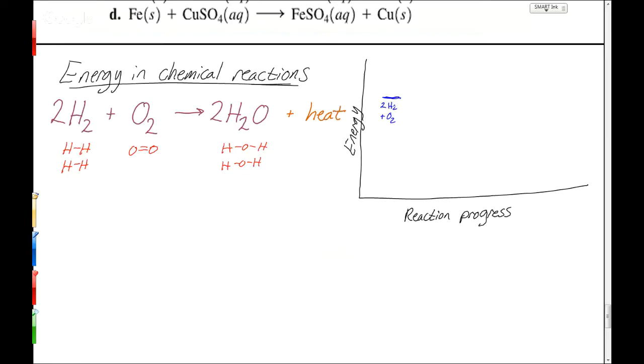Well, let's look at it. If heat is produced, if heat comes out, does that mean that our molecules have become more stable or less stable? Does it help at all thinking of it that way? Okay, perhaps not then. So the answer is the products are at a lower energy than the reactants.